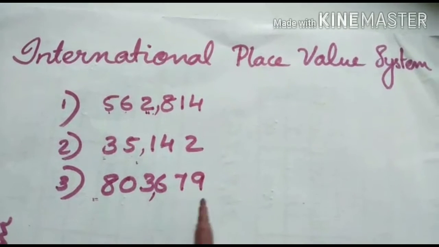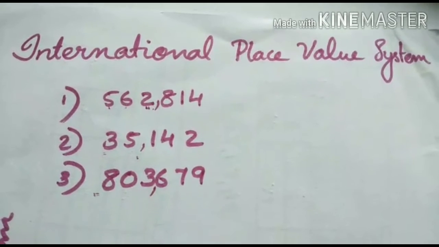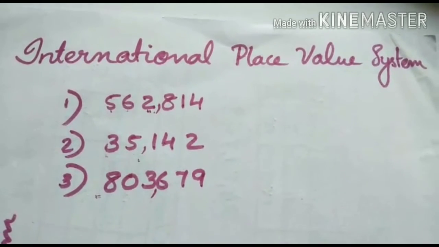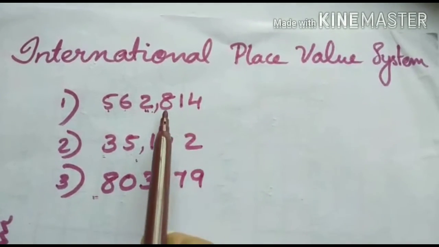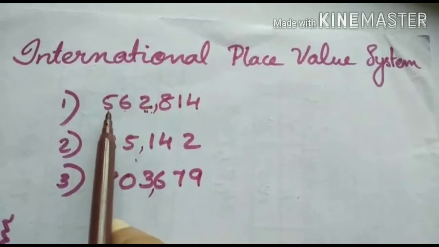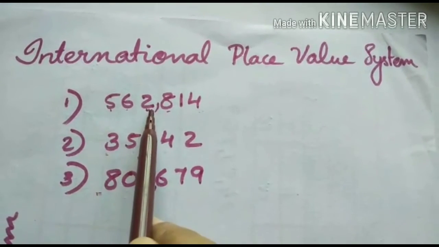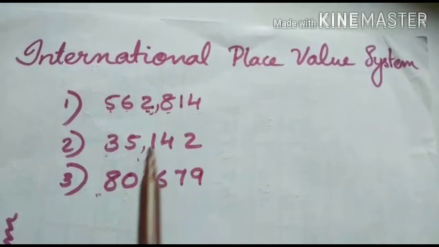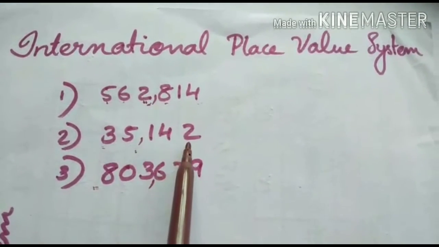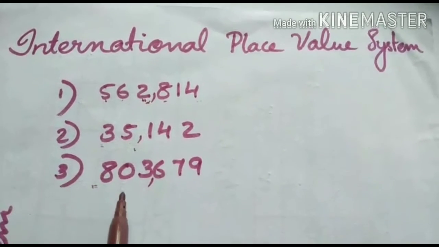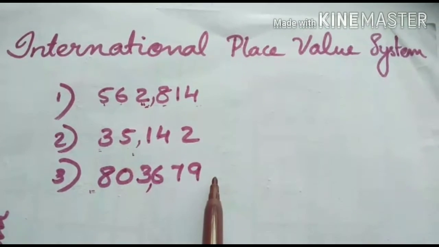For this number, this is the 1,000 period and this is the ones period: 562,814. Next number, 35,142. Third number, 803,679.